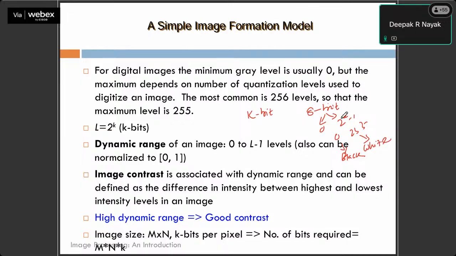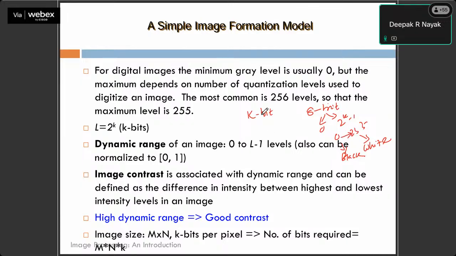So if you are dealing with an 8-bit image, your color values will lie from 0 to 255, where k is nothing but the number of bits you are using to denote every pixel value.